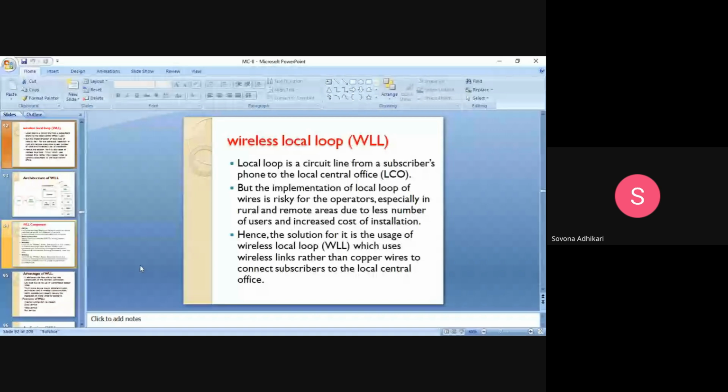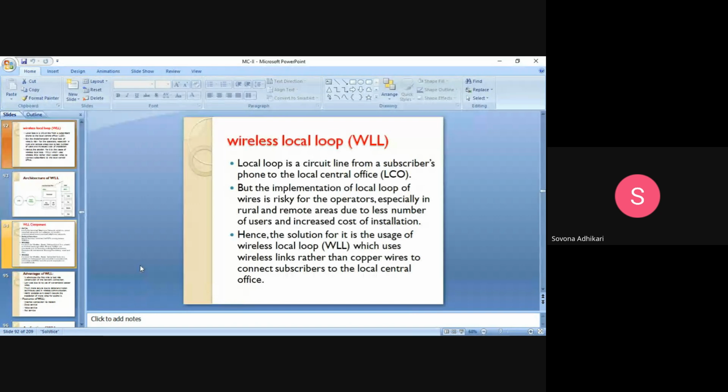So if we take this local loop as a physical wire or cable, it may be risky and it increases the cost. It is costlier because of the small number of users in rural areas. So the wired local loop may be costly or may be risky also.